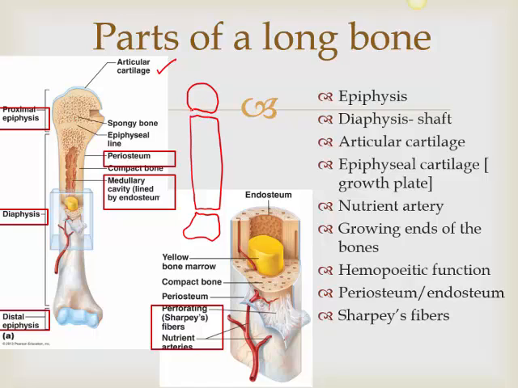Between the epiphysis and the diaphysis at either end is a piece of cartilage which allows the bone to grow in length. That is known as the epiphyseal cartilage, or the growth plate. As a child is growing, this growth plate keeps forming cartilage and it keeps getting replaced by bone. It's like bone keeps playing catch up. So this keeps increasing in length and bone keeps forming.